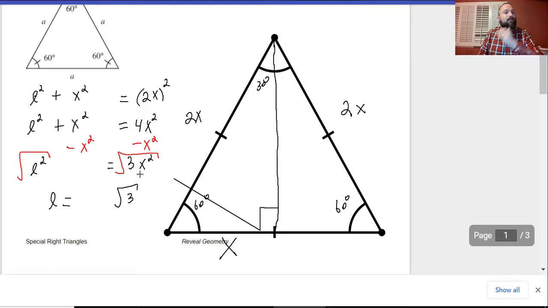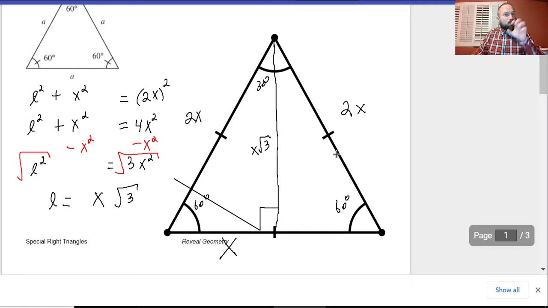And so L is equal to the square root of 3, radical 3, and the square root of 4 would be 2 because it's 2 times 2. X squared is x times x, so the square root of x squared is x. That means this right here, this guy, is x radical 3.